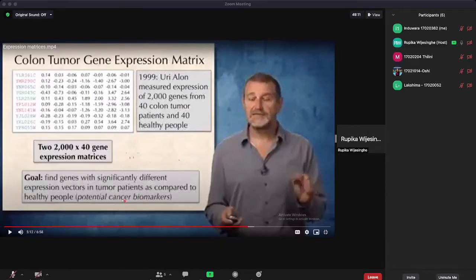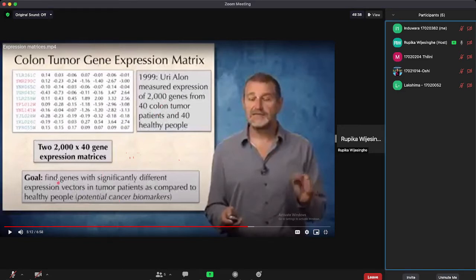So what are cancer biomarkers? Cancer biomarkers are genes that can be used to mark the cancers, or genes that can be used to identify the patients with colon cancer.